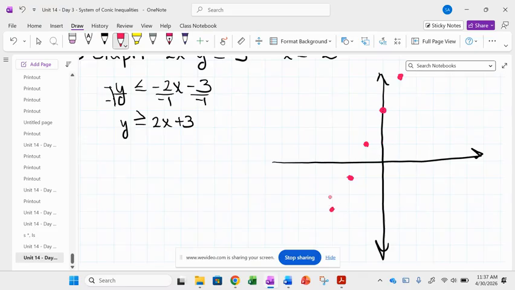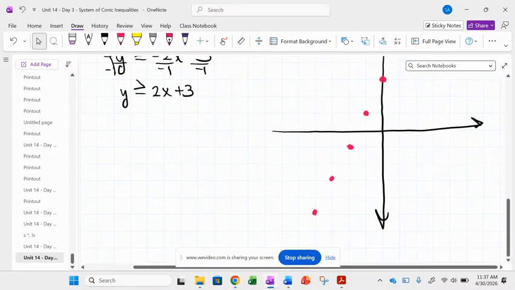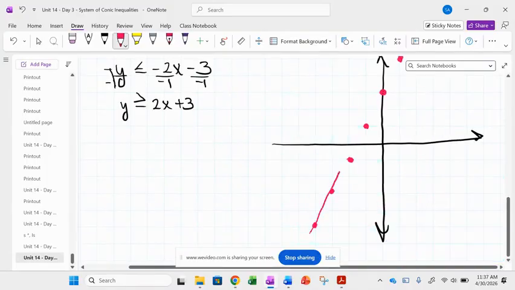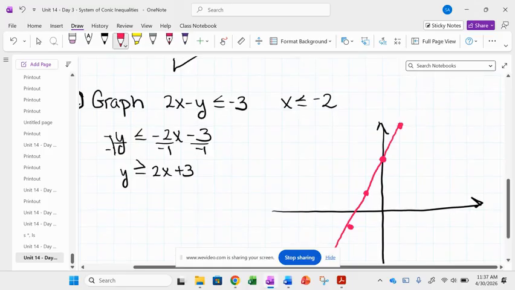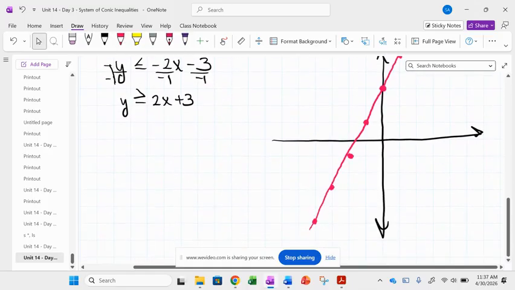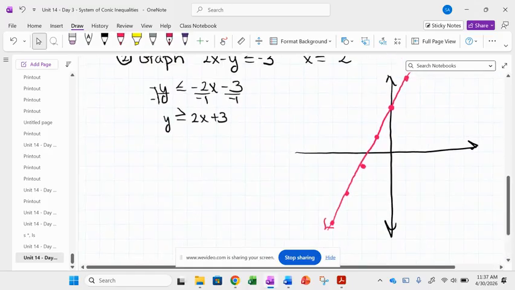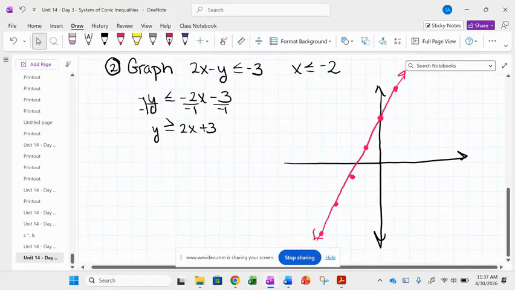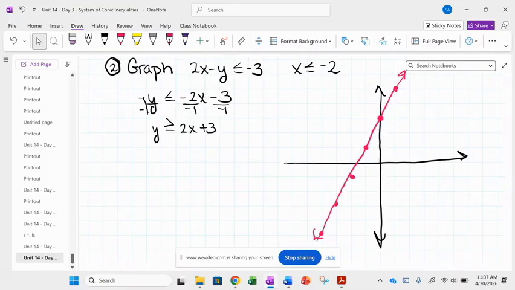I think that's good enough. And it's a solid line because it's greater than or equal to. Guys, I can't have the side conversations. It'd be a dashed line if there was no line underneath the crocodile mouth.